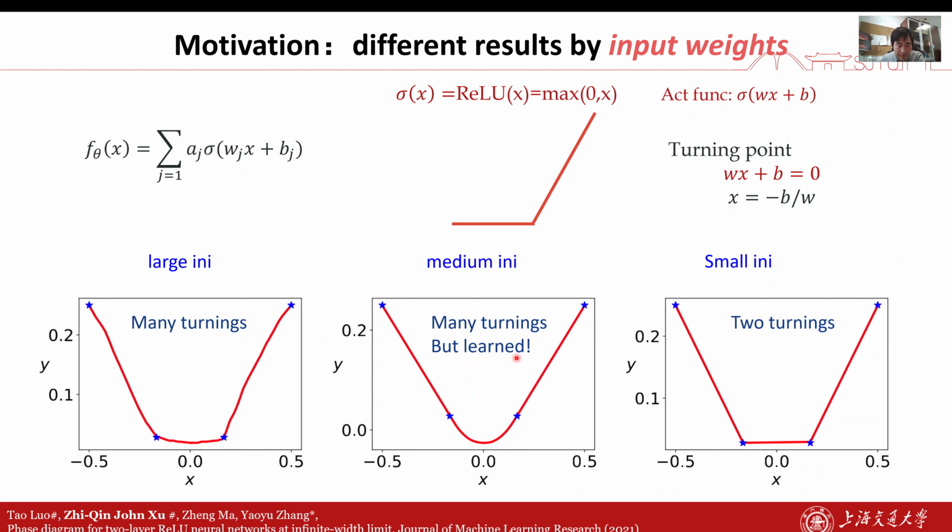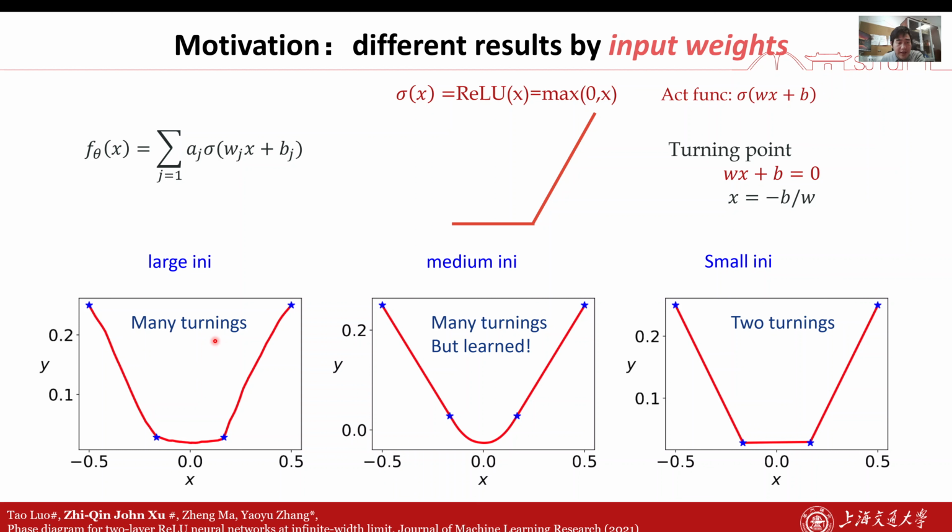They are learned. They are very carefully optimized after training. And for the large initialization, there are also many turnings, so it can have much turbulence. These turnings still seem random, just like the initialization.